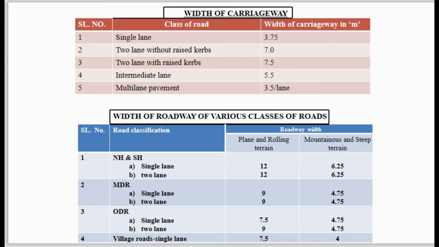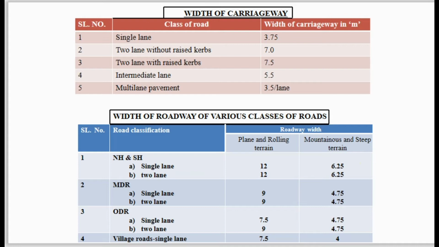Third, for the ordinary district road, the single lane roadway width will be 7.5 meters for plain and rolling terrain, whereas 4.75 meters for mountainous and steep terrains. For the two lane road, 9 meters and 4.75 meters respectively.